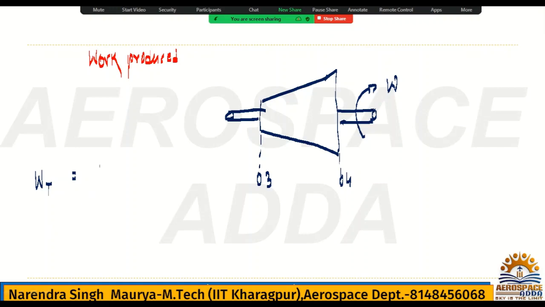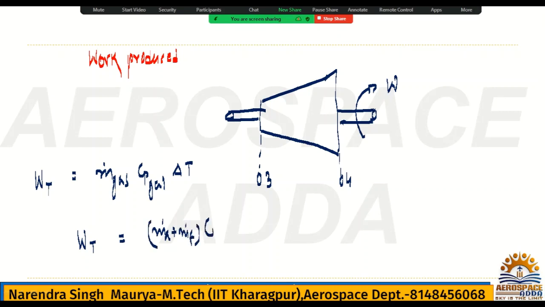If it is total work, then it is mass flow rate of gas into Cp of gas into delta T. So Wt is equal to m dot gas into Cp of gas. Which temperature is higher? T03 is higher than T04. So T03 minus T04.